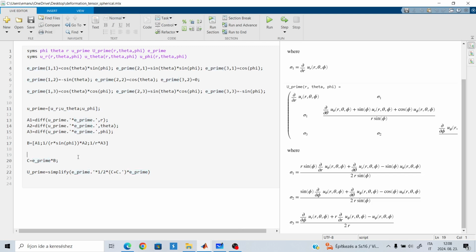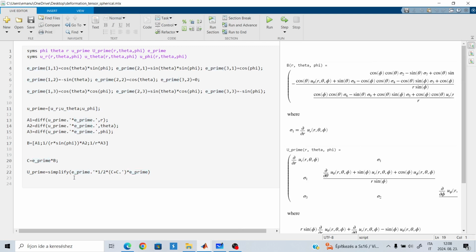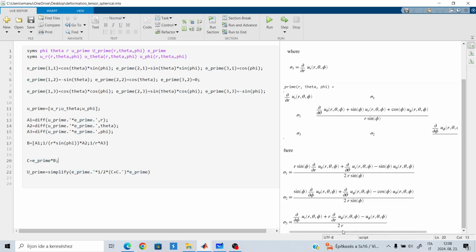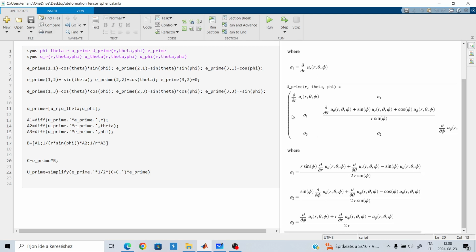And then you can see that the final formula is indeed this one. You have E prime transpose, and the transpose in Matlab can be obtained by this dot together with this apostrophe. Multiply by 1/2, and then you get C plus C transpose times E prime, and you do all the calculations, and the result is here. So U prime is in here.